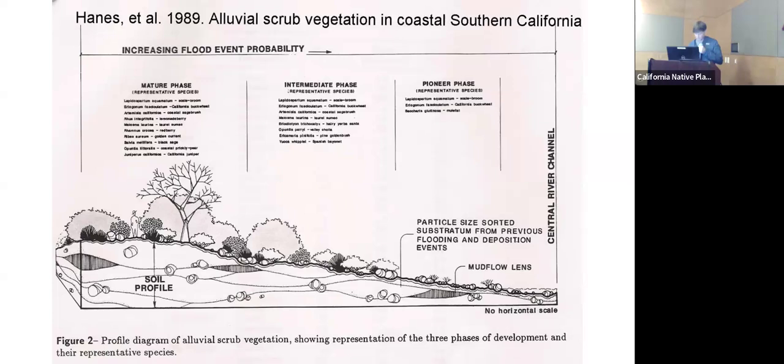Interesting to know that, for instance, scale broom and buckwheat are both included in all of the different plant communities. And this study was done at Santa Fe Dam, in the mouth of the San Gabriel River.